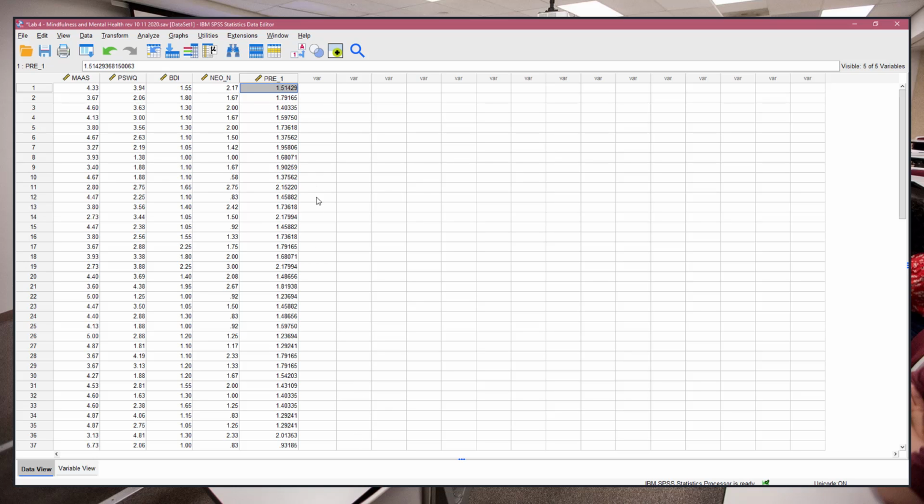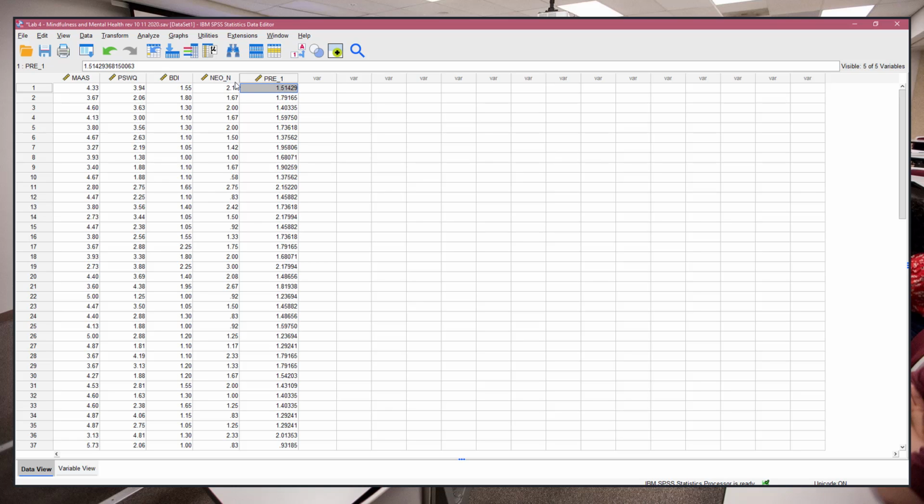So we can go back to our data set, and we'll see here we've got PRE_1, a new variable that wasn't here before. This is the predicted value that our model spits out when given a mindfulness score. So we're predicting neuroticism.